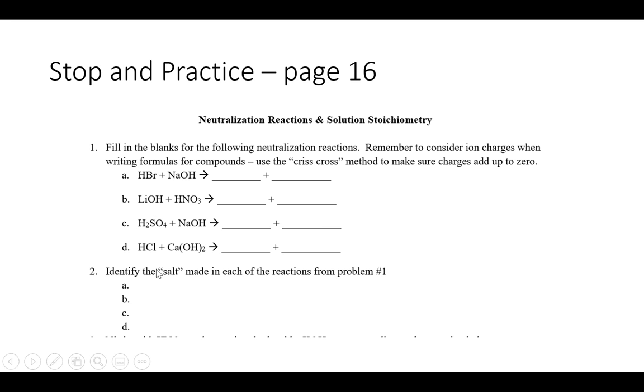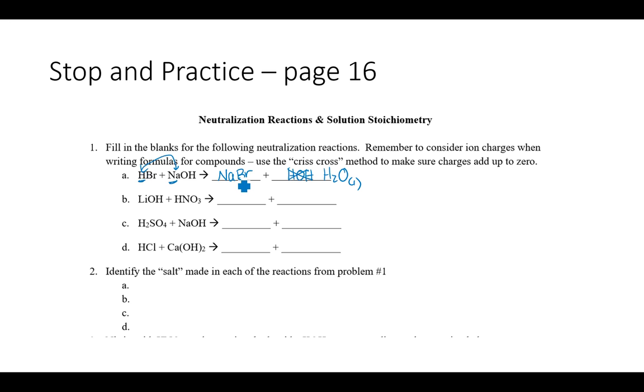There's a few practice problems up here at the top. So whenever we're predicting products for this reaction, remember it's a double displacement. So the first elements are going to swap places with each other. So the sodium is going to go over where the hydrogen used to be, and then the hydrogen is going to combine with the hydroxide. And we typically will write that as water. So I made liquid water.